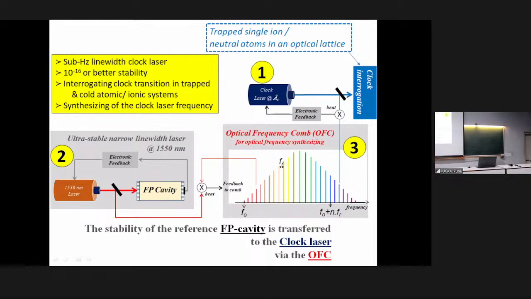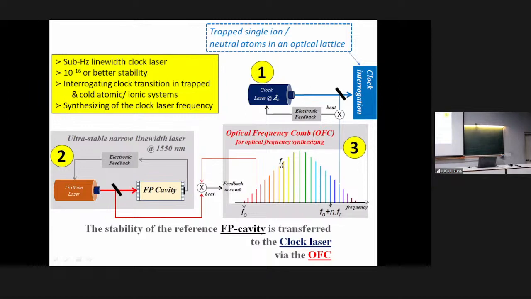The second thing you need is to drive that clock transition, and this clock transition has a very narrow line width, some in the order of hertz or even lower than hertz. So you have to prepare the laser light in such a way that the laser you are using to interrogate this clock transition has a similar line width and stability.